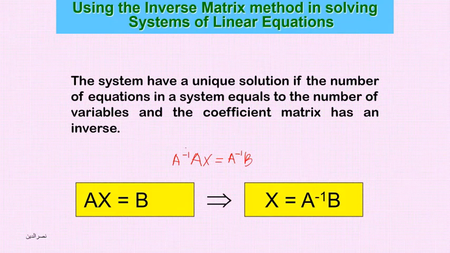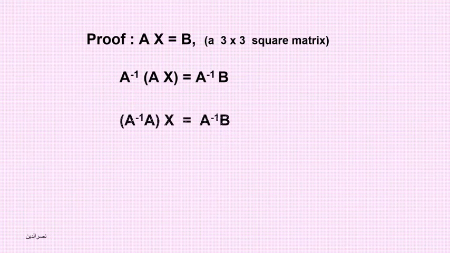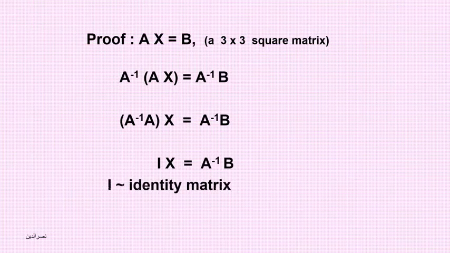A inverse times A becomes identity, times X equals A inverse B. Identity times X equals X. So therefore X equals A inverse times B. This is the proof of how we get X equal to A inverse times B.